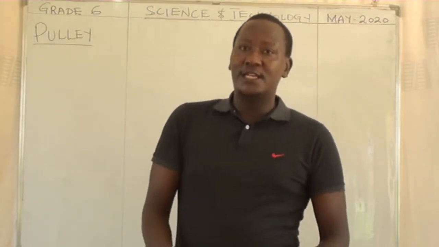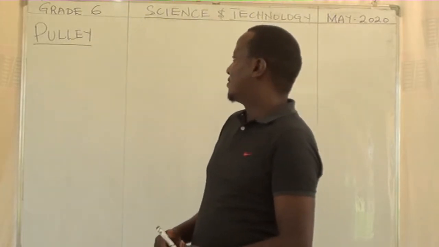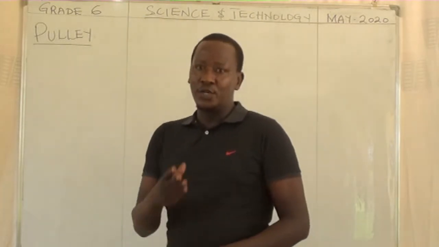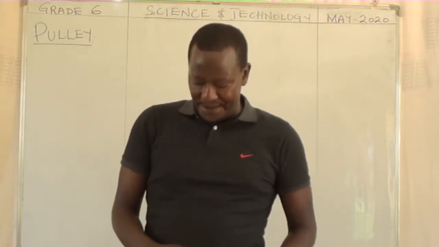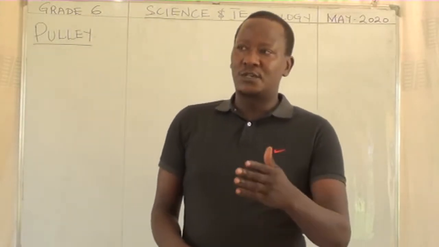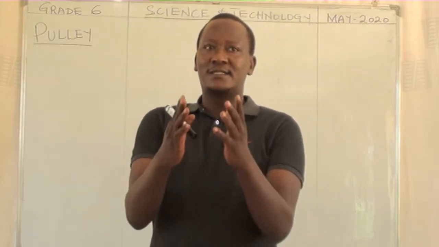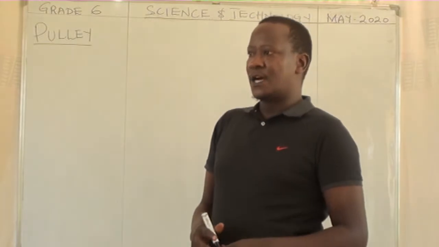With you today again is your science teacher, who is ready to take you through where we stopped last time. If you remember, our subtopic was simple machines, whereby we listed different categories.